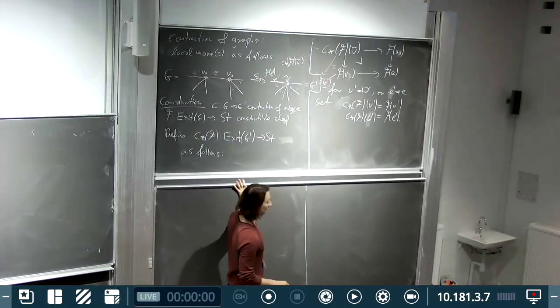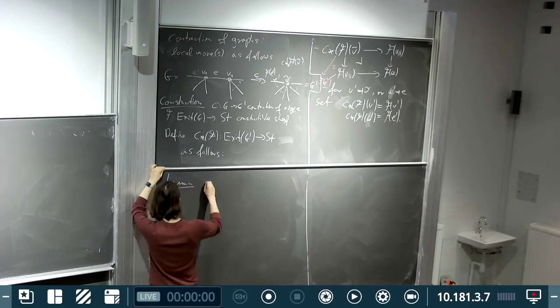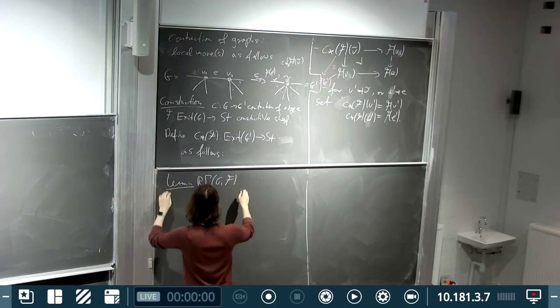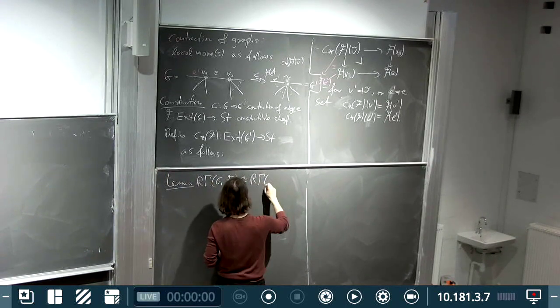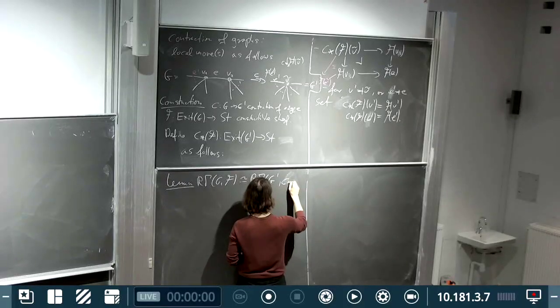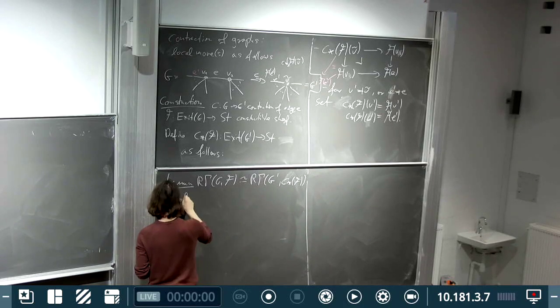Excellent comment. So, lemma: the global sections of F is equivalent to the global sections of the push forward. And the proof is a formal consequence of Kan extension theory.